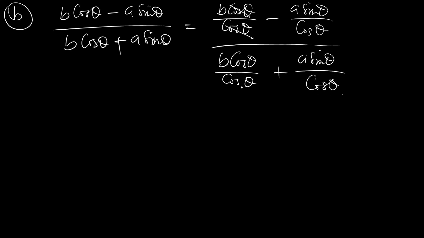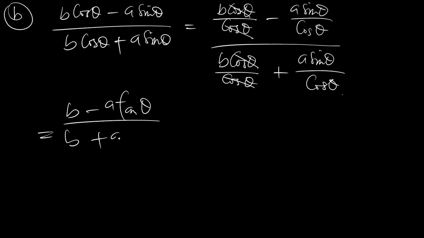So this will cancel out. We now have B minus A times tan theta divided by B plus A tan theta.